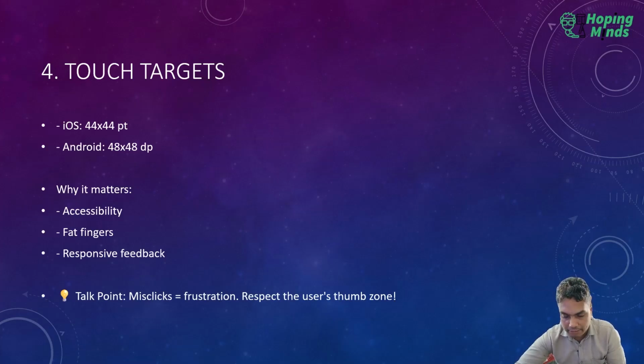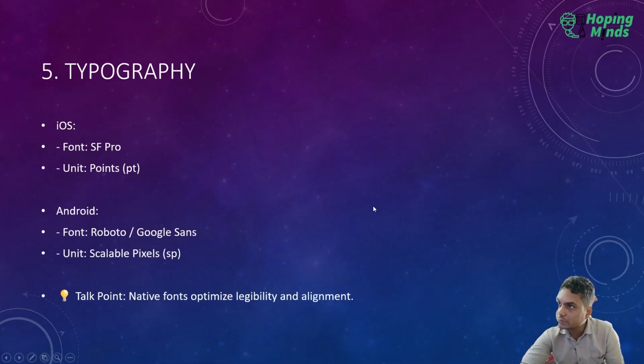The basic parameter is to follow 44 for elements or the main navigation. Why? Because that much space is needed for clicking or tapping on any animation or any link. Okay, let's go to the next one.